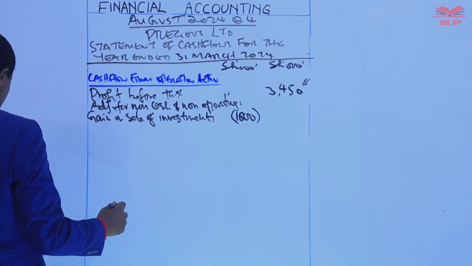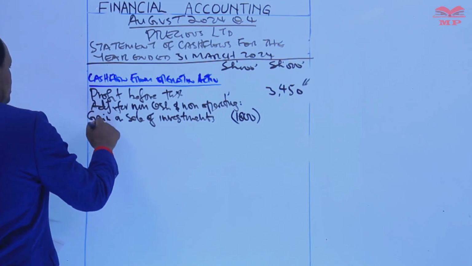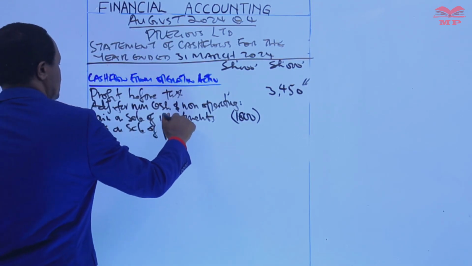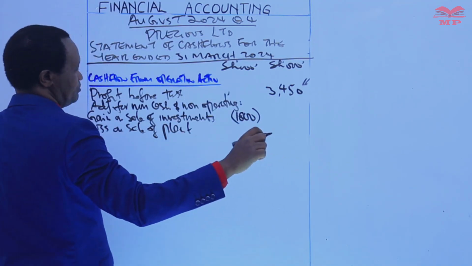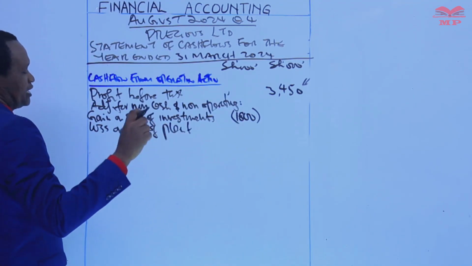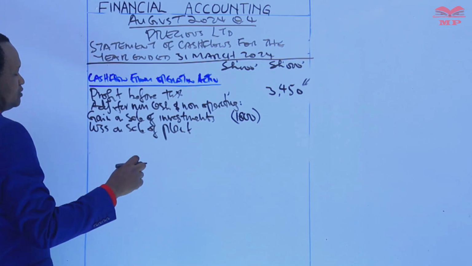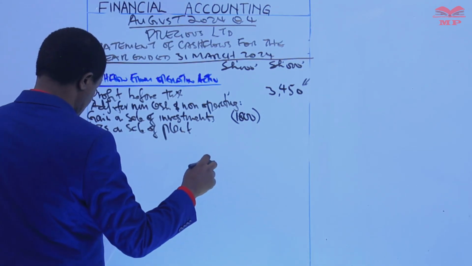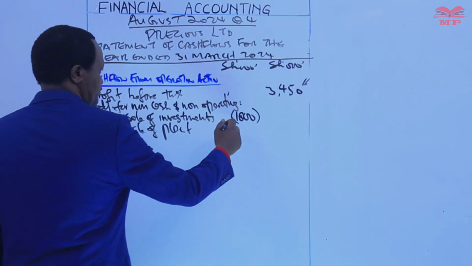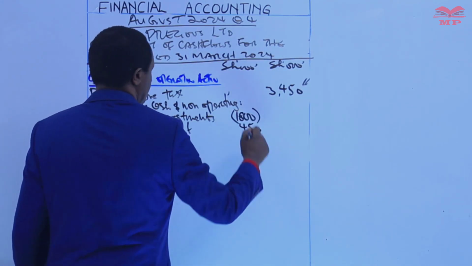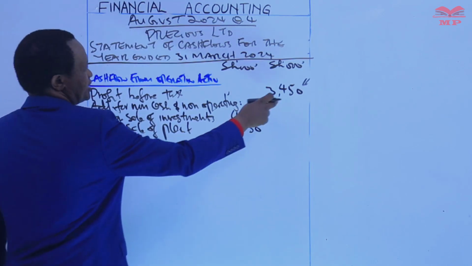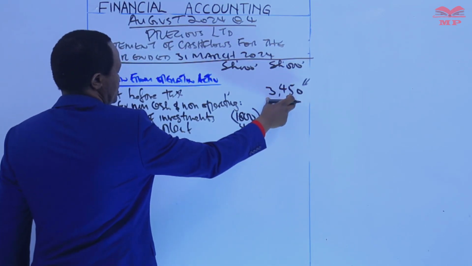Another one is loss on sale of plant. When preparing the income statement, how much is it? Loss on sale of plant is 450. It was deducted from the profit.